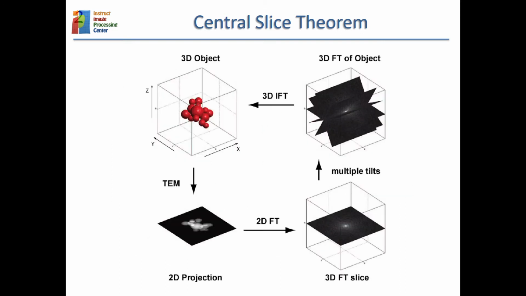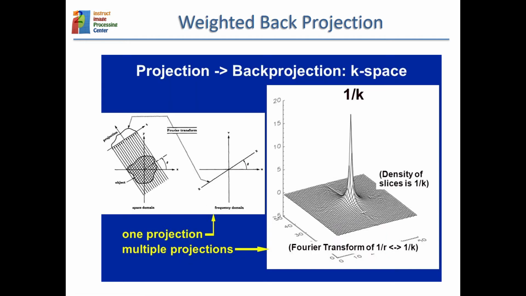Okay, so let's see the same idea now in 3D. This is the central slice theorem. So we have an object, perform its projection. This is done by the microscope, and then we take the 2D Fourier transform and place it in the right position. Because we have many projections, we place all the many slices, and then once we have them placed in the correct position, we can apply a 3D inverse Fourier transform.